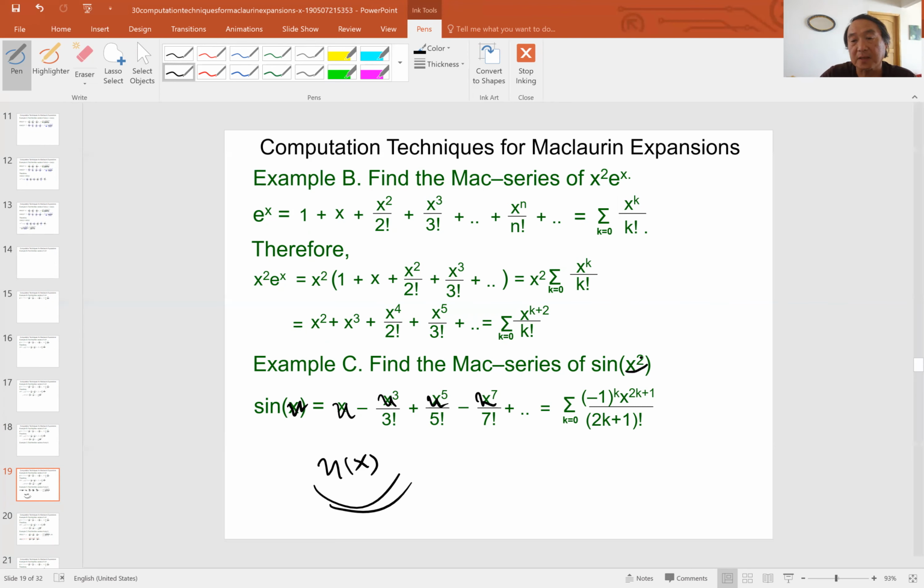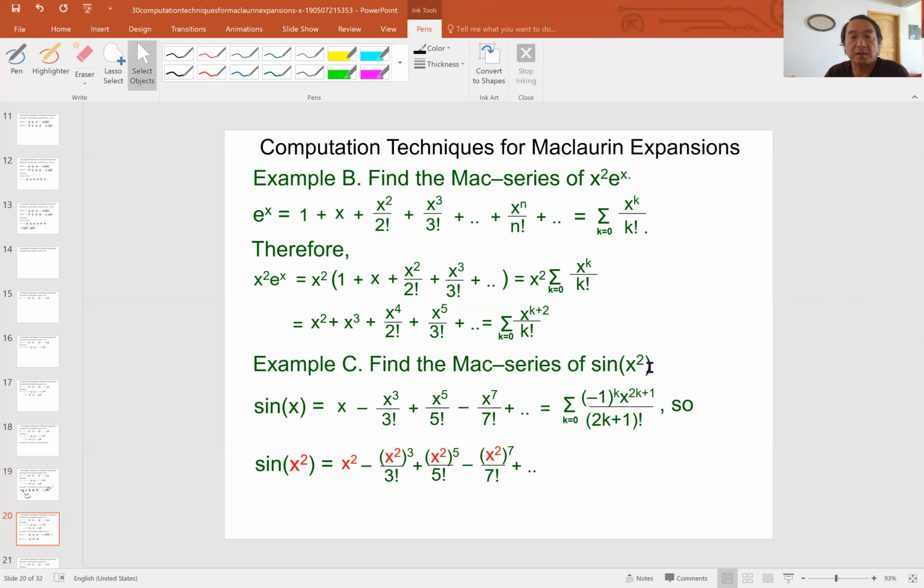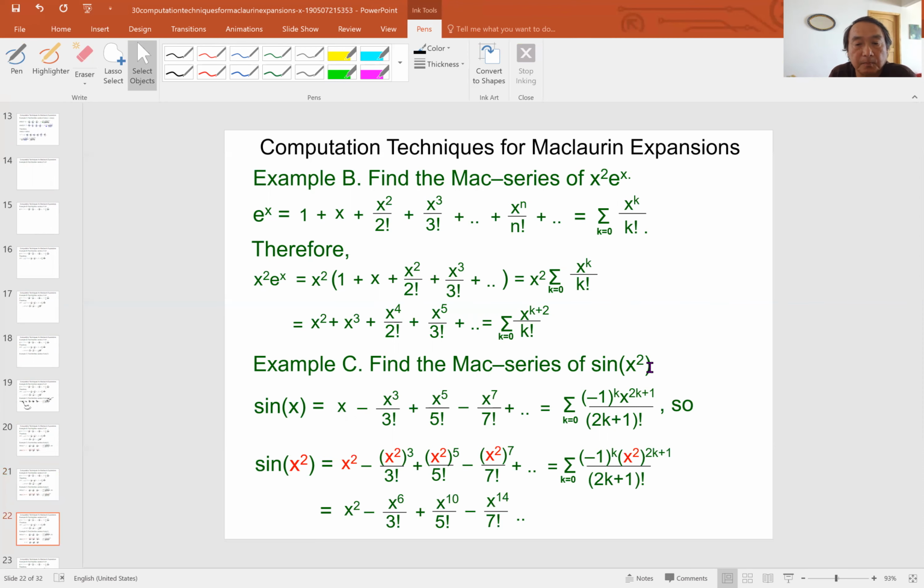In particular, if it's x squared, then all I have to do is stick x squared in for u, and that will give me the expansion. That's true for any formula in x, and this is in closed form.